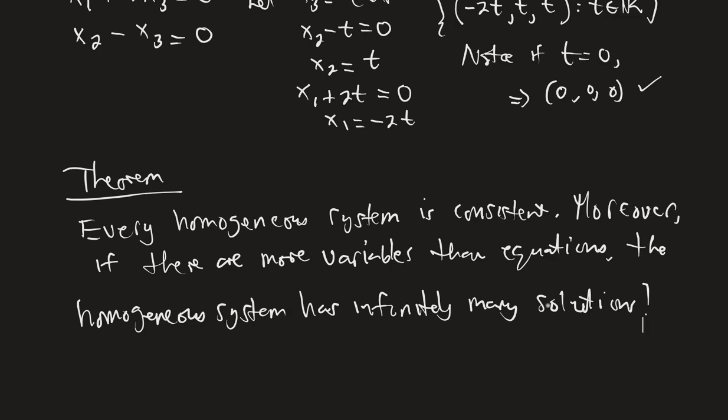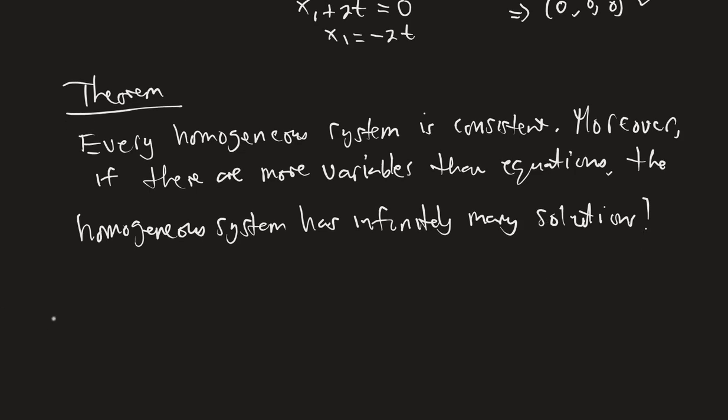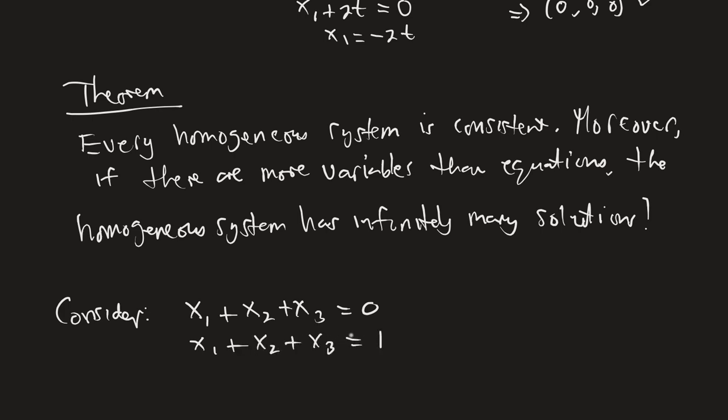Let me end by giving you an example of a non-homogeneous system that has more variables than equations but has no solution at all, right? So consider this system: x1 plus x2 plus x3 is equal to 0, and then x1 plus x2 plus x3 is equal to 1.